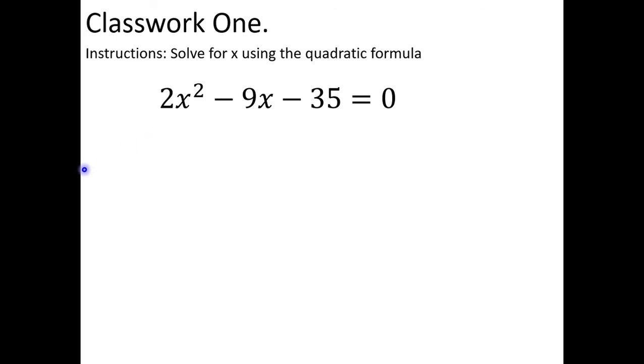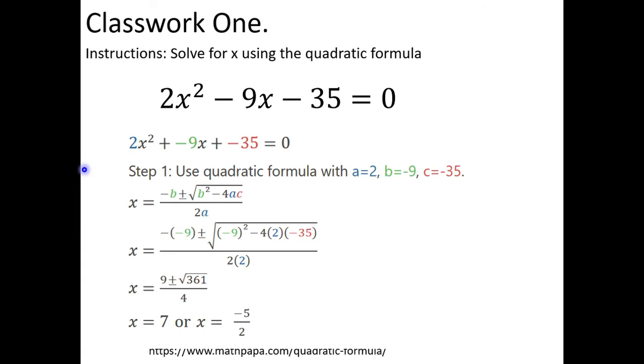All right, let's look at what I got. Okay, so I went to this website right here, and all you have to do, this is a very nice website, is type in that quadratic equation, and it gives you back all this information. It shows you the problem you were doing, what is A, what is B, and what is C. Then it takes those three numbers and plugs them in to the quadratic formula.